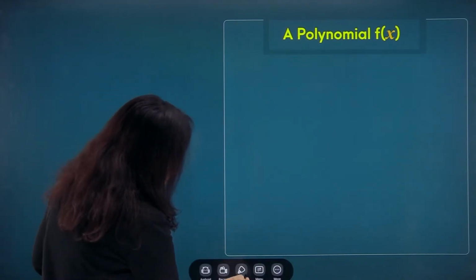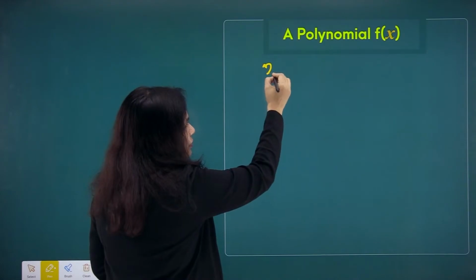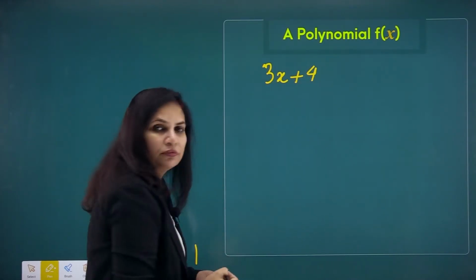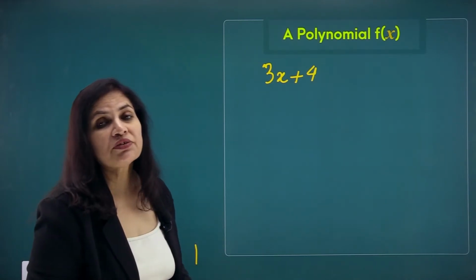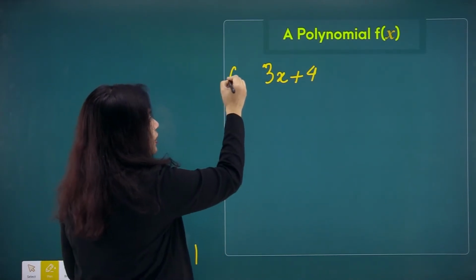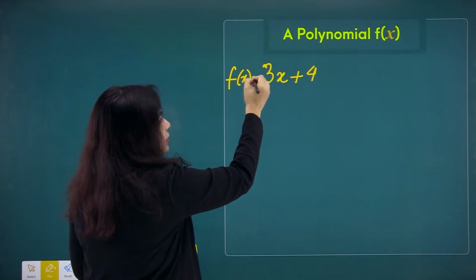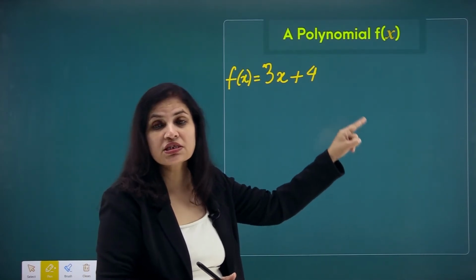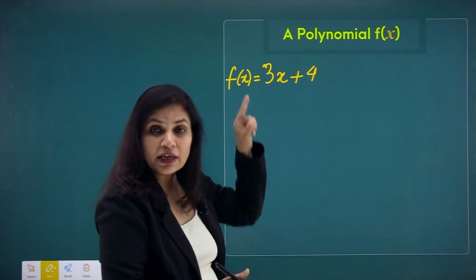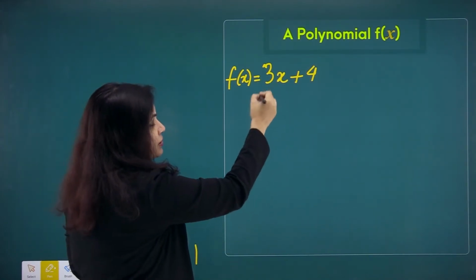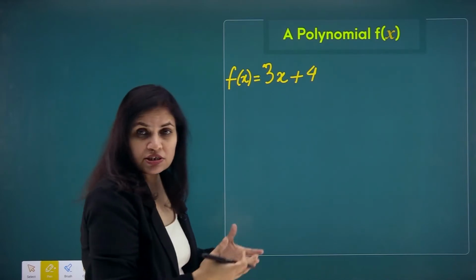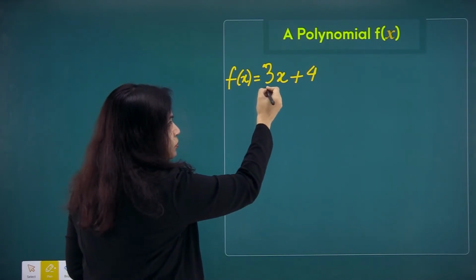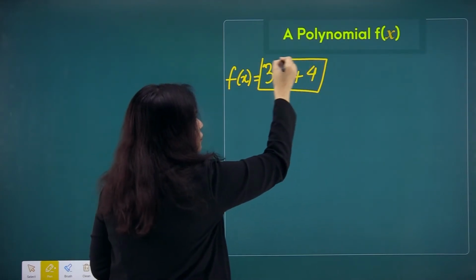For example, if I write 3x plus 4, which is a polynomial, why is it a function? This is called a function in x. Why will it be called a function? Because x is behaving in a certain way. x is my input, and if I put this input through a certain process, what is that way? What did I do to get this 3x plus 4?